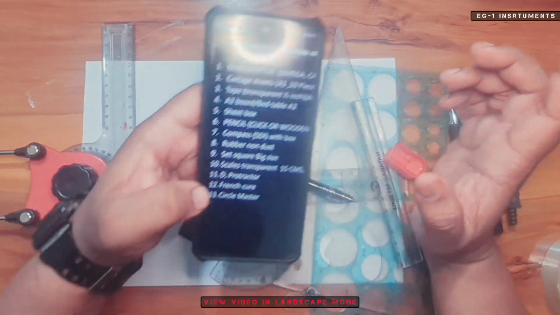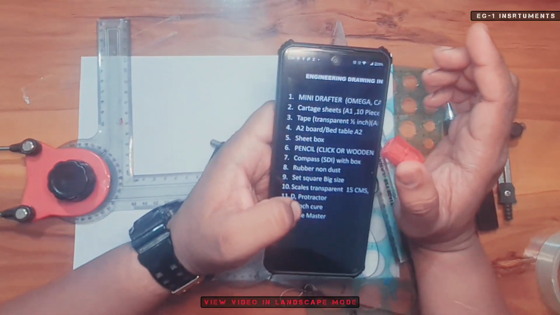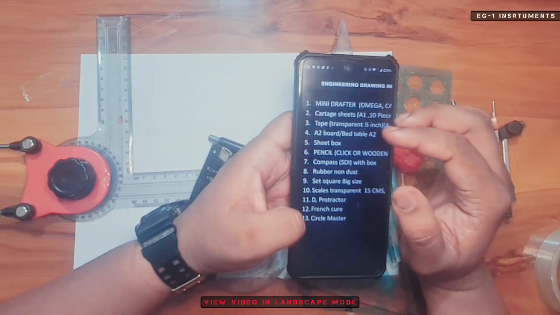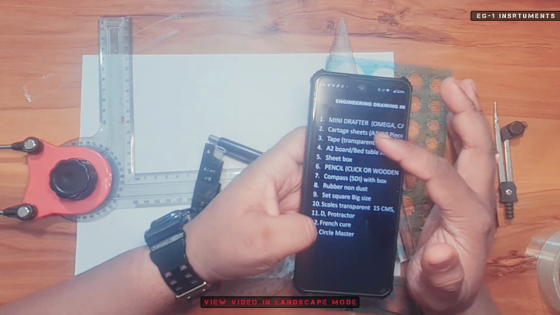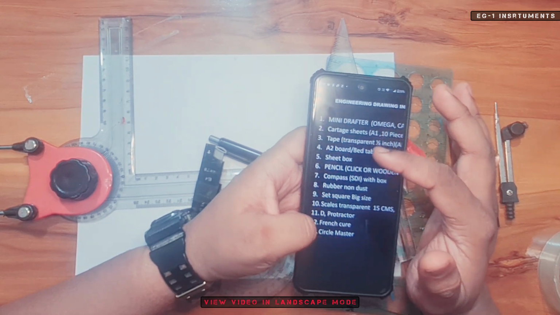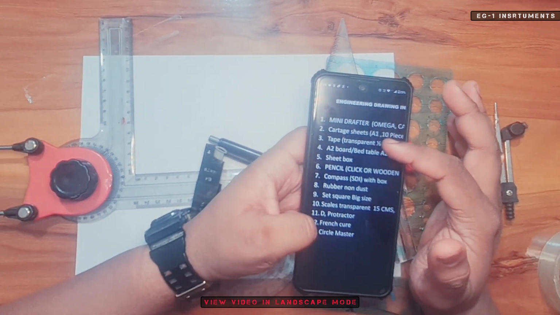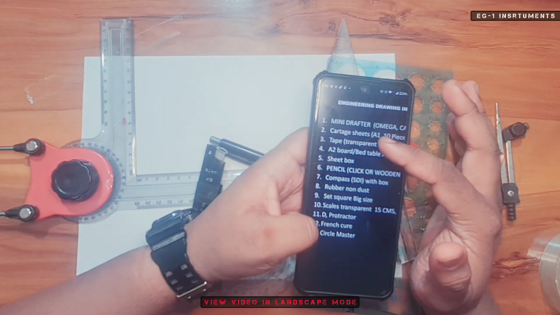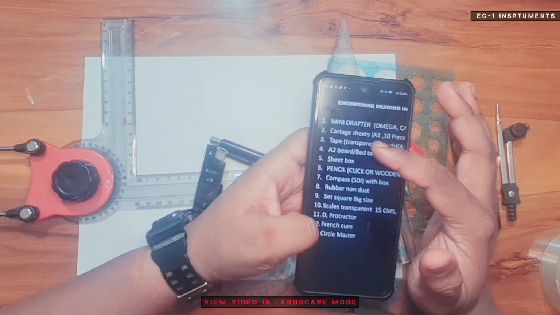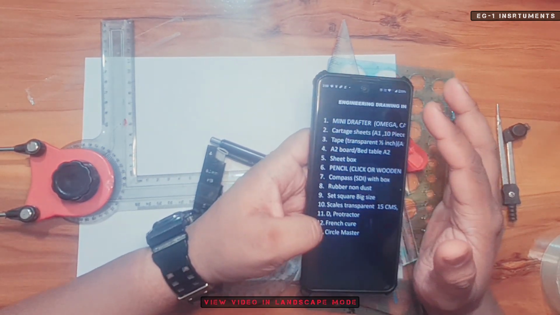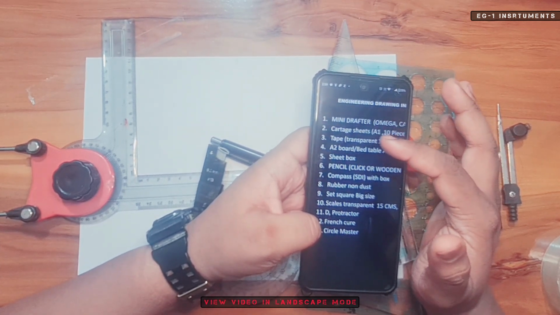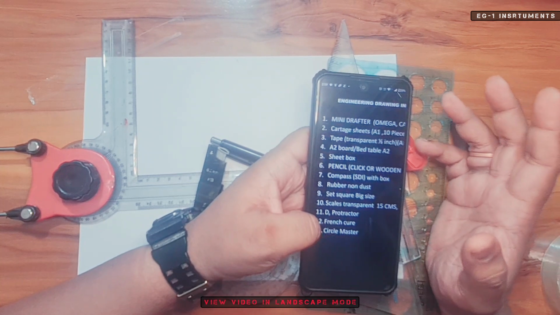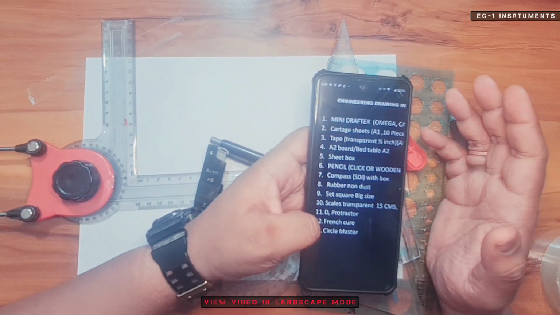In the Indian market you will easily find this cartridge sheet in various qualities, and the price is around 5 to 7 rupees only. You can find it in yellowish color or in pure white color.